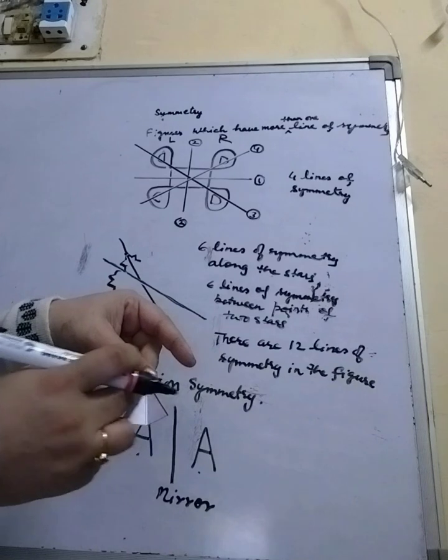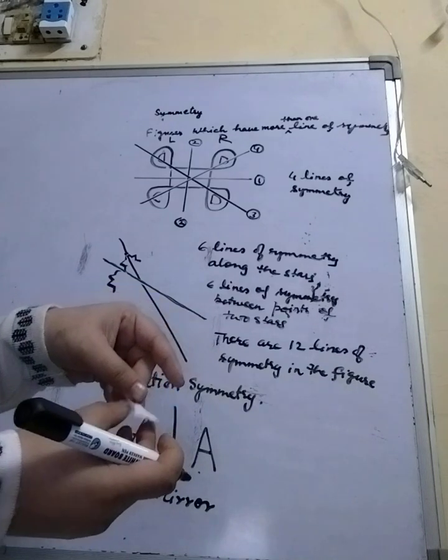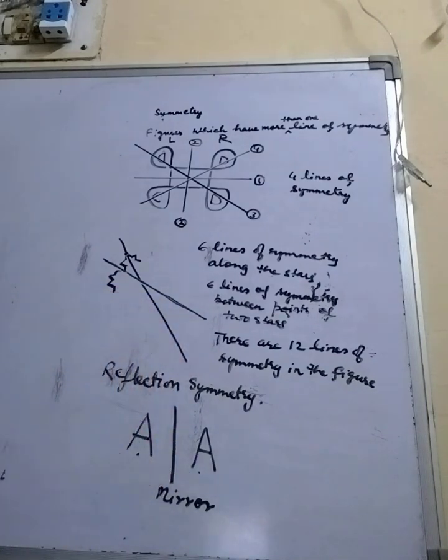Half of the part is identical to the second part. So we can say that a figure that has a line of symmetry or lines of symmetry is also said to have a reflection symmetry.